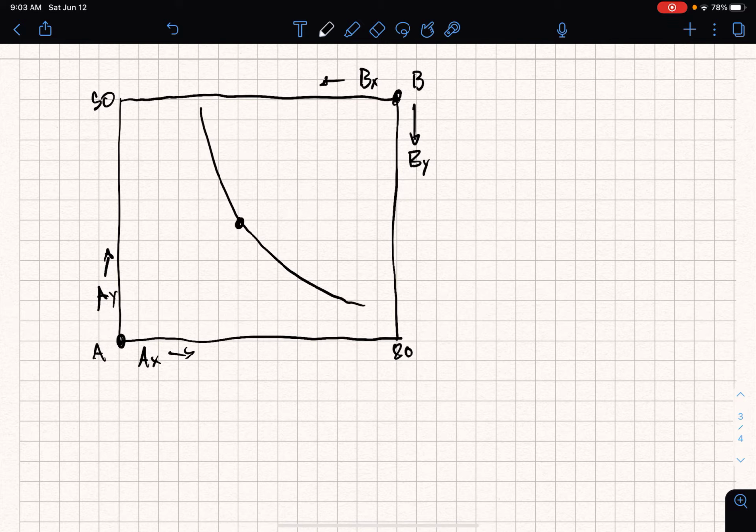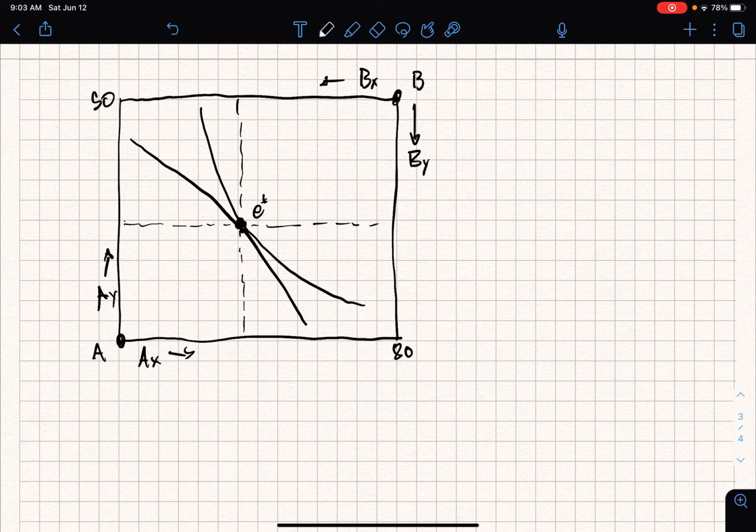So we'll call this E star. And this is the point where there are no Pareto improvements. And this happens when the marginal rate of substitution for Andrew is equal to the marginal rate of substitution for Bea.